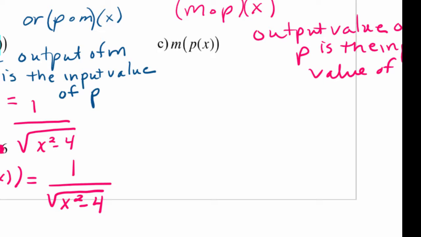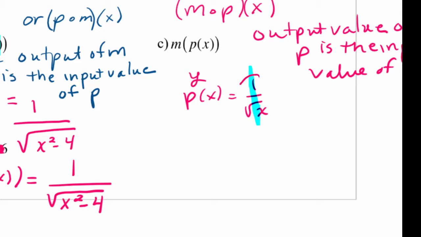So we look at p of x first, which is the function 1 over the square root of x. The output value of p of x is 1 over the square root of x, because this p of x notation represents y.